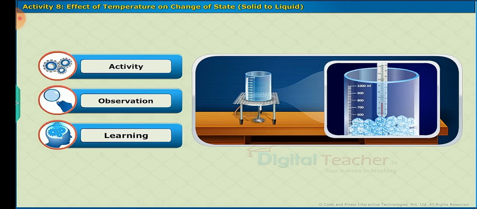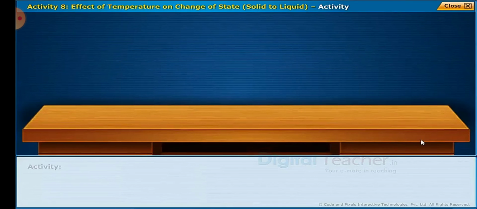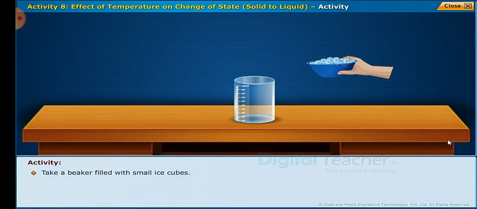Here, let us perform an activity to know the effect of temperature on change of state. Click each tab to know more. Take a beaker filled with small ice cubes.